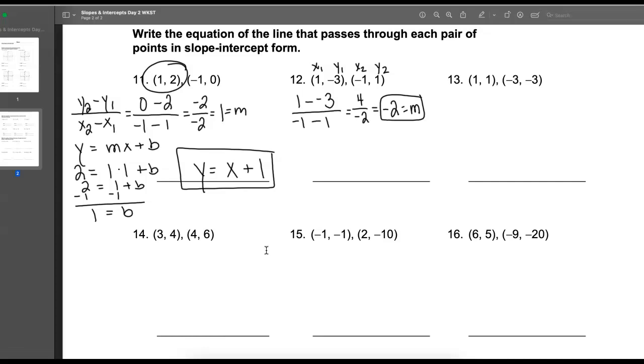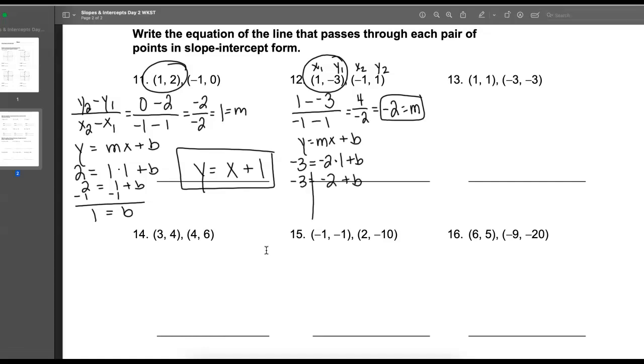Now we have to find b. So I'm going to use this first point. y equals mx plus b. y is negative 3 equals m is negative 2 times x is 1 plus b. Negative 3 equals negative 2 plus b.